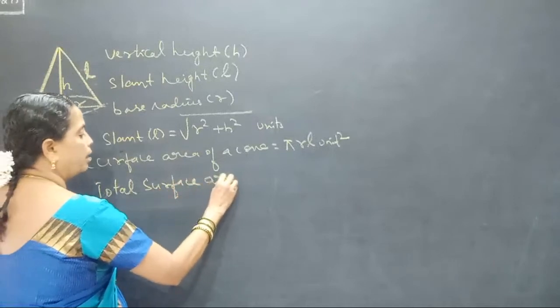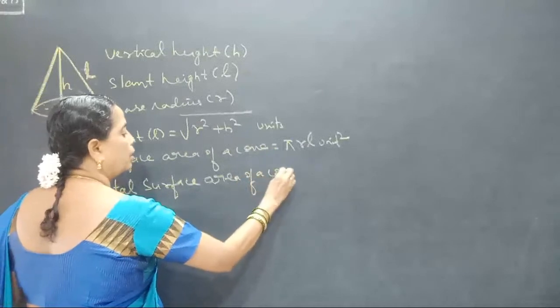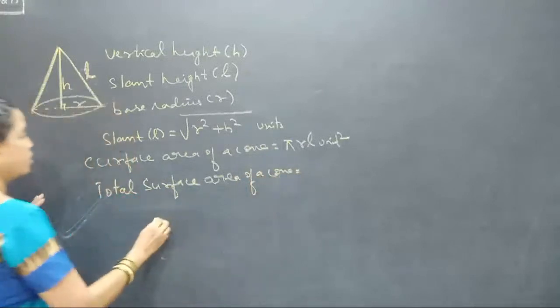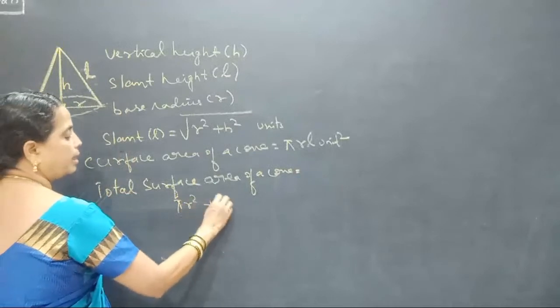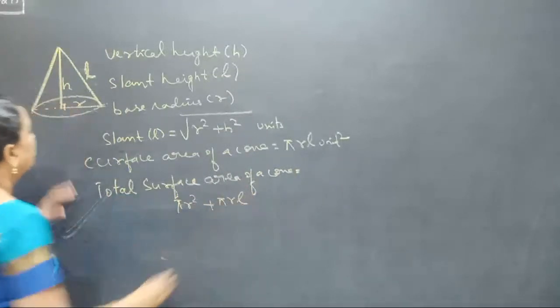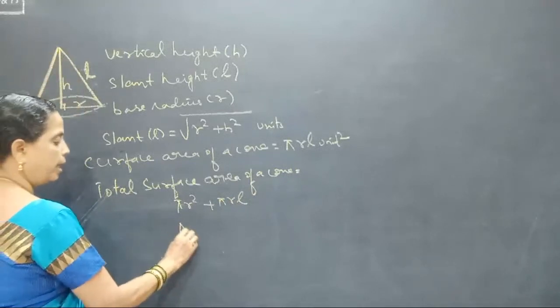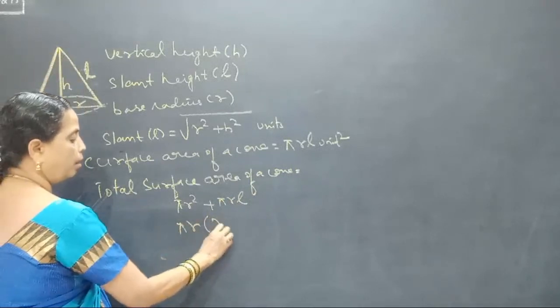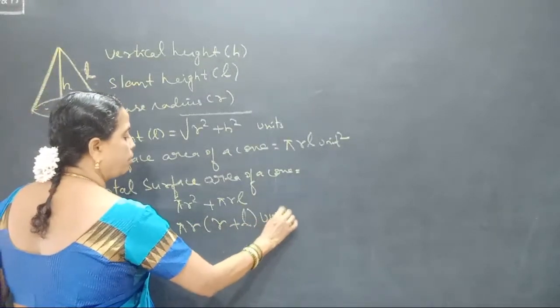Total surface area of a cone. It consists of the base area plus its slant area. That is curved surface area plus base area. Taking pi r as common, r plus l unit square.